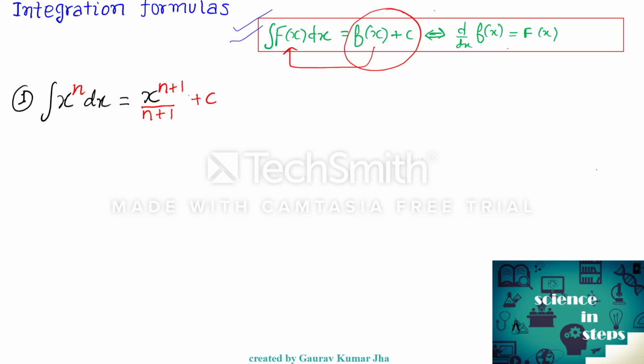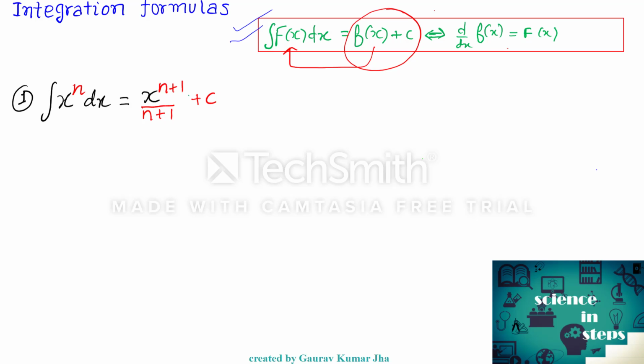All we have to do is identify what the power of x is, and then we can use that value in the final answer. We have to increase the power by 1 and divide by the same number, n plus 1. Now this formula we are going to use very often. So let us try to understand what the values of n can be.